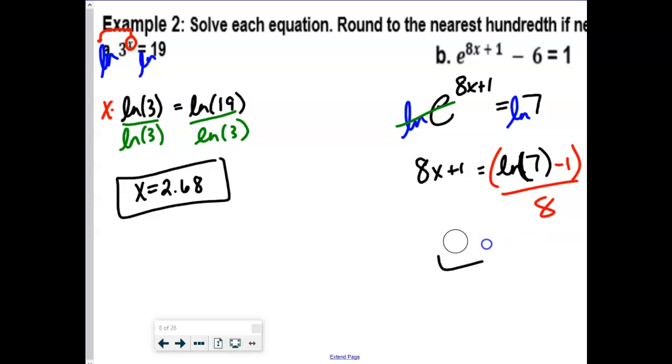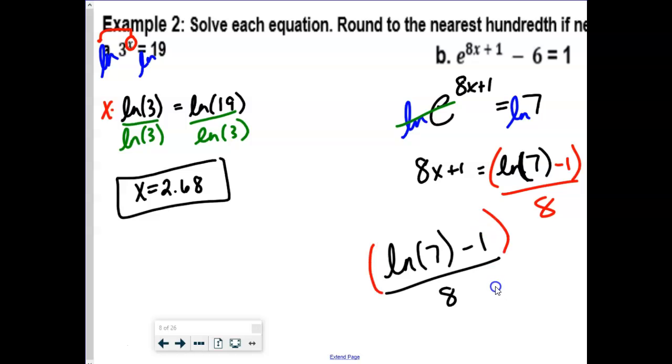Okay, the only thing that's in the natural log is 7. So it's the natural log of 7, subtract 1. You either need to hit enter, or you need to use parentheses before you divide by 8. I mean, maybe the book key is wrong. I don't know. Did anyone get 0.12? Okay, there we go. Got it. Now, are you typing it in one step, Taylor? So you have to put parentheses like this.